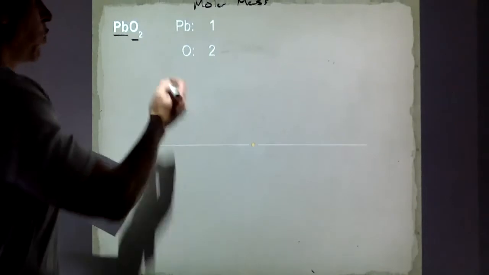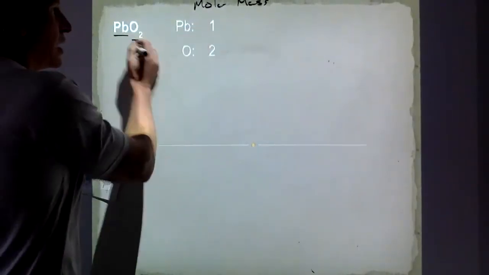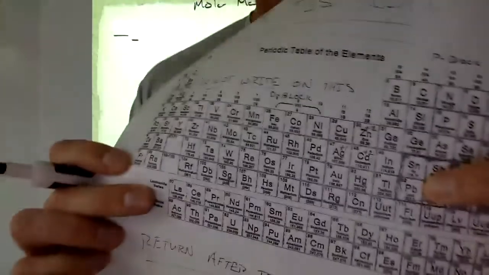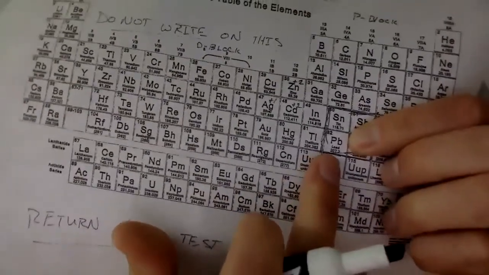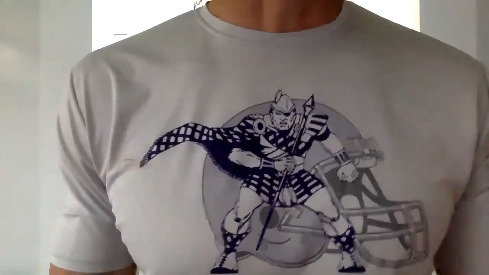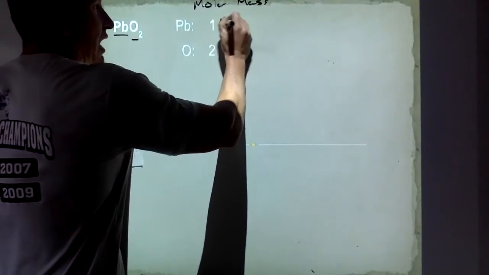There's one lead, and there are 2 oxygens. So what we're going to do now is look on the periodic table and find the mass of 1 lead. Here's lead. So 1 mole of lead would weigh this right here, 207. So I'm going to put 1 times 207.